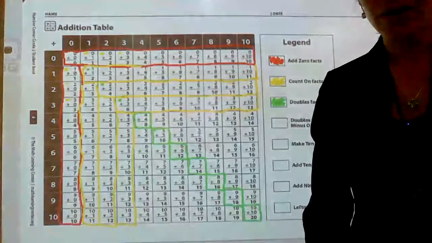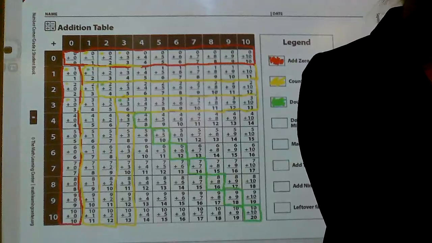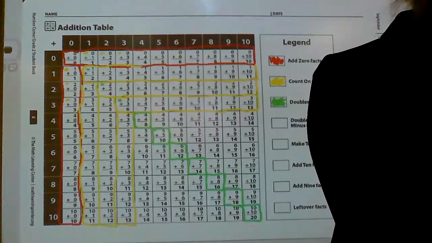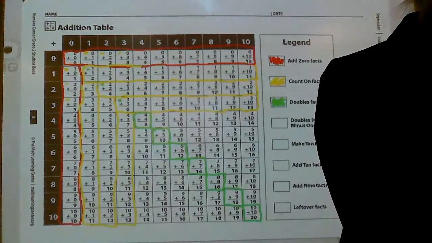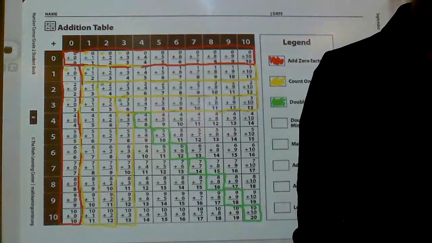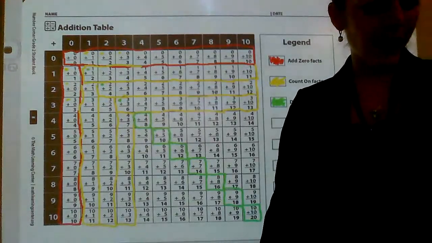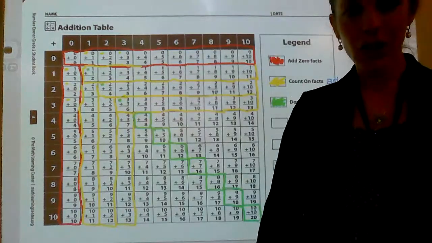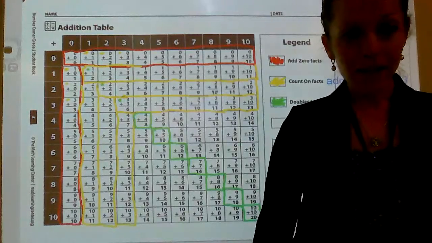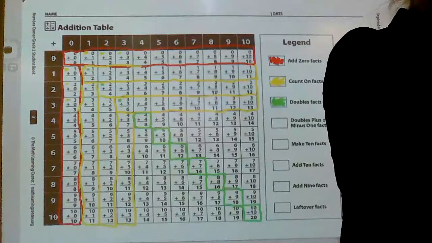I'll give you a second to highlight the add 0 facts red. And you know, second graders, that if you add 0 to any number, you haven't changed a thing. You have the same number. That's an easy one.